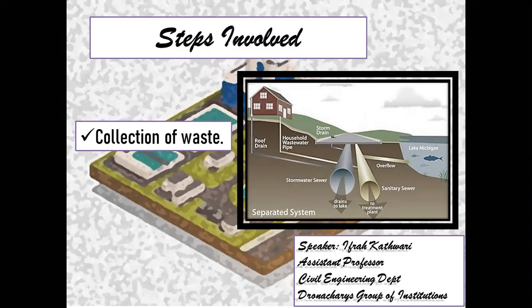In the combined system, we have one pipe wherein the storm water as well as the sewage water, or the wastewater, is carried out. In the separate system, we have separate pipes wherein the storm water and the wastewater are separately transported. Then we have the partially combined and separate system wherein we have both things going on. So this is what it is in the collection of waste.